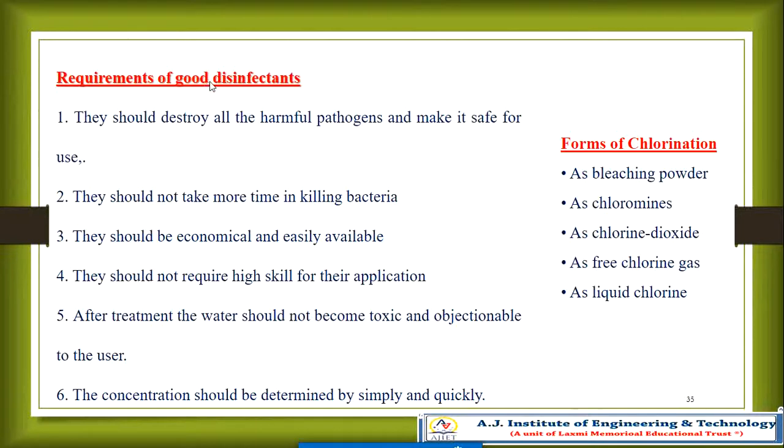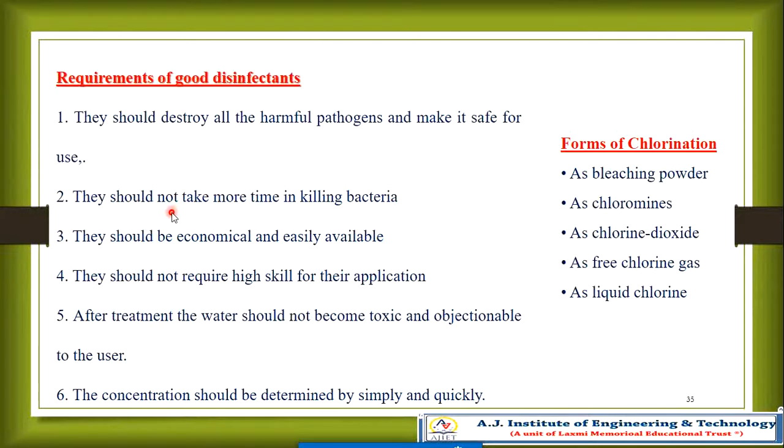The first requirement is that it should destroy all harmful pathogens and make the water safe for use. That means whatever disinfectant you are using should destroy all harmful pathogens and make it safe for use.